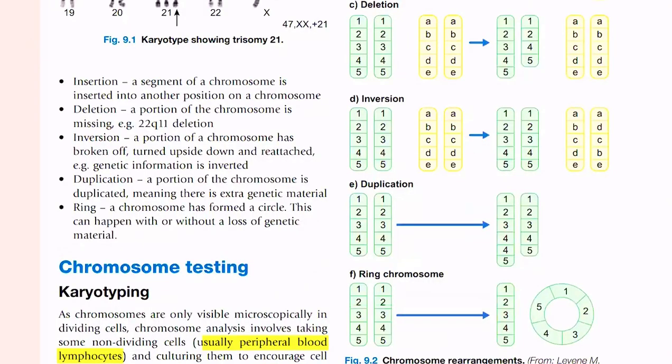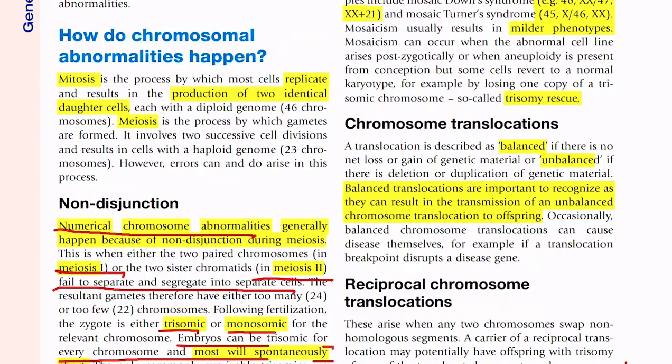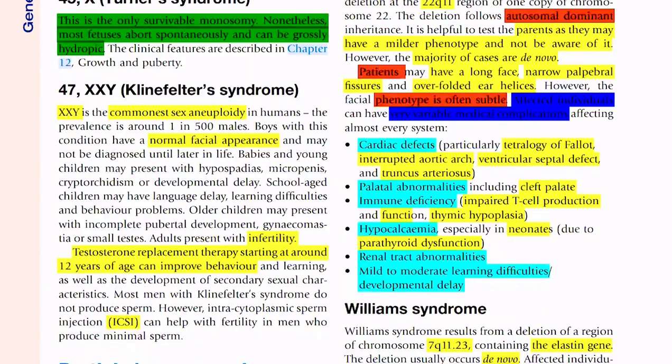Now you must know what the types of mutation are. What is aneuploidy? What are the diseases where sex chromosome aneuploidy is present? What are the diseases where autosomal aneuploidy is present?